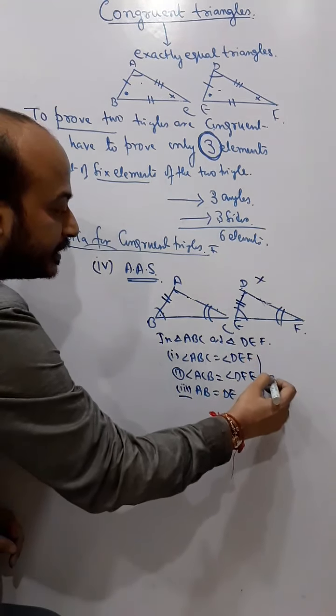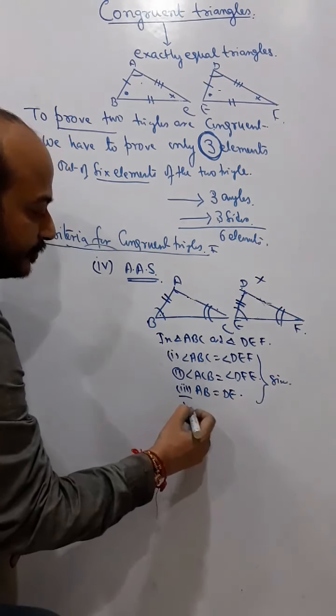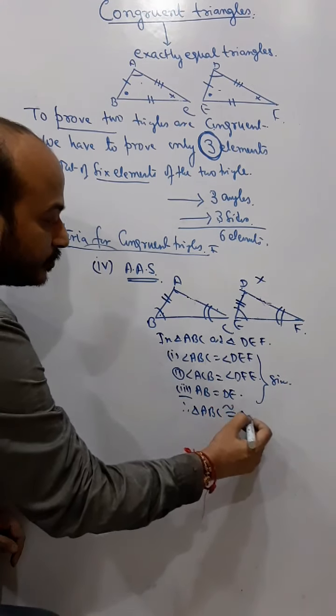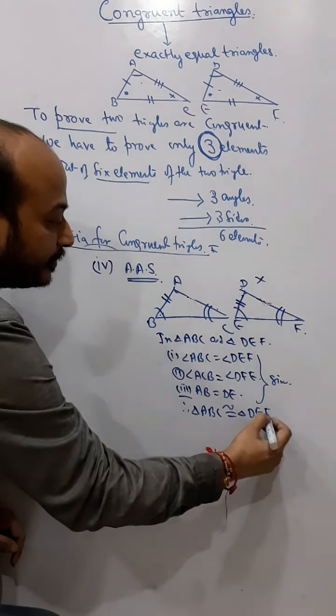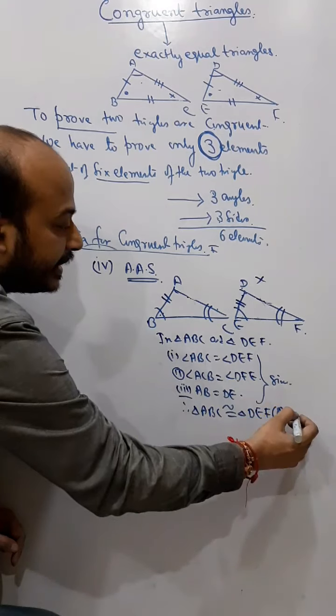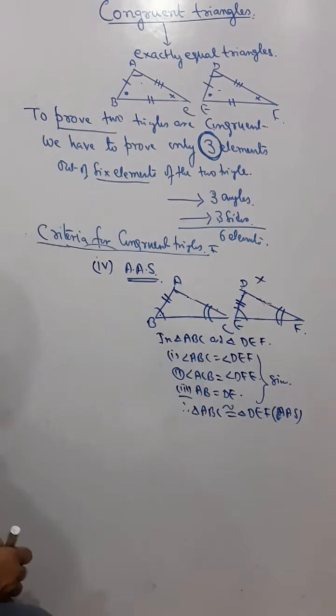So all these are given, and therefore triangle ABC is congruent to triangle DEF, and the criteria is angle angle side.